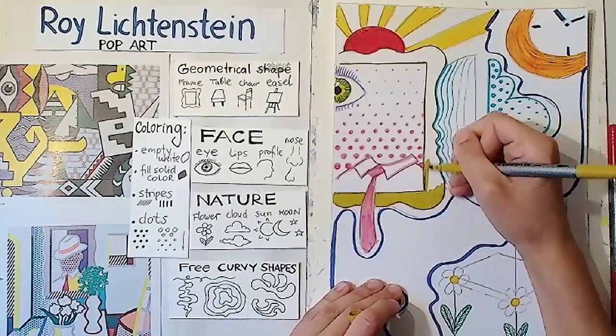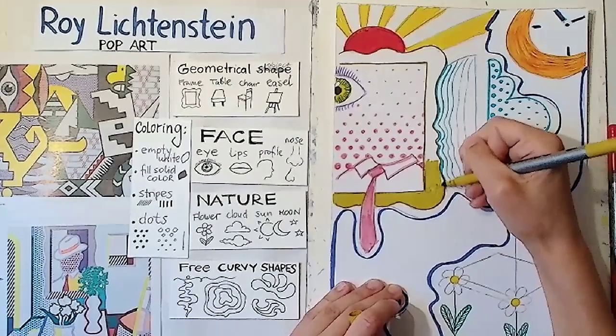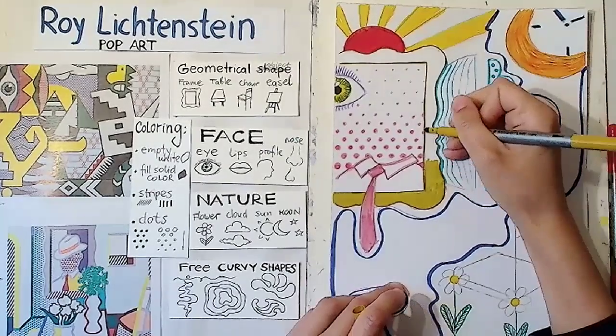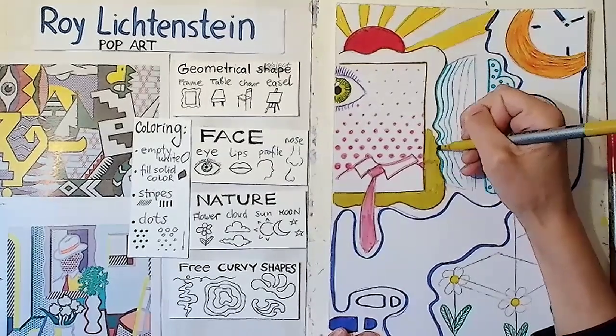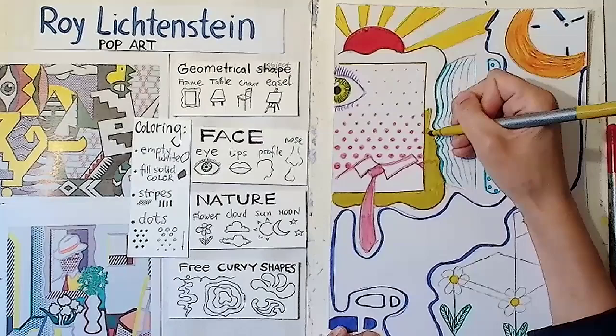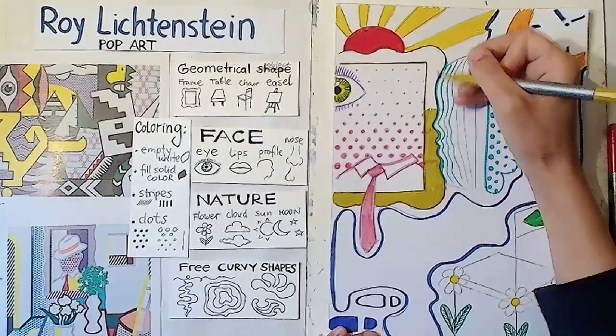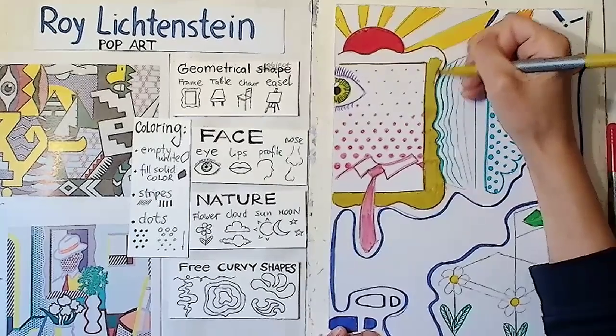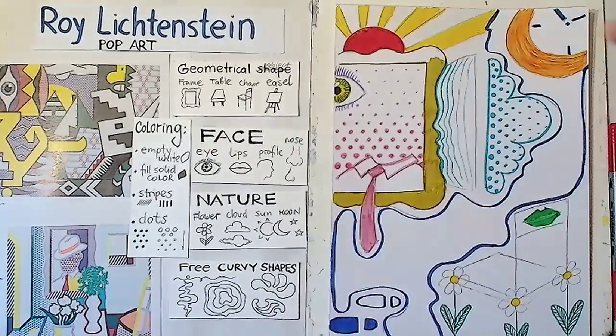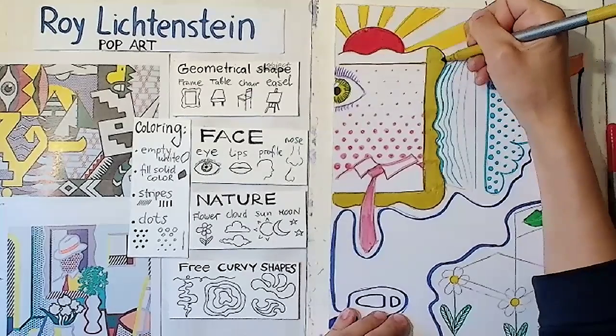Yeah, and if you want, you can also make a note somewhere, write Roy Lichtenstein, write pop art, just to remember, so later you can bring back in memory what it was about.